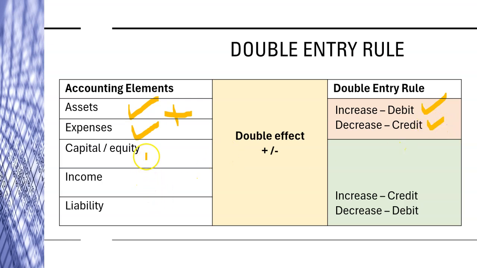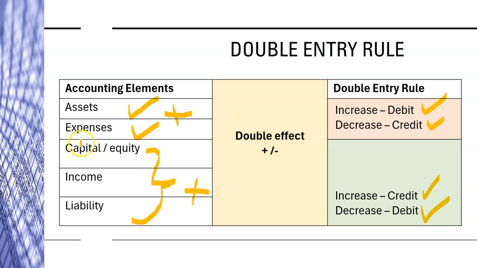On the other hand, equity, income, or liability: if the equity or income or liability increases, the double entry rule says credit. And if the equity, income, or liability decreases, the double entry rule says debit. If you understand this simple rule, that's the whole idea behind how double entry works.